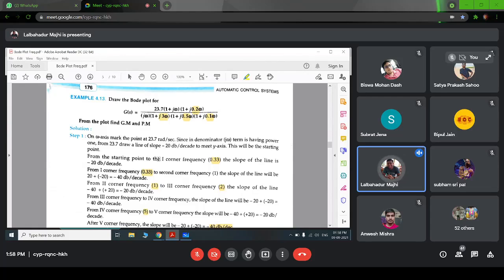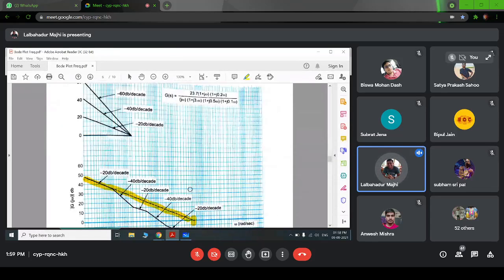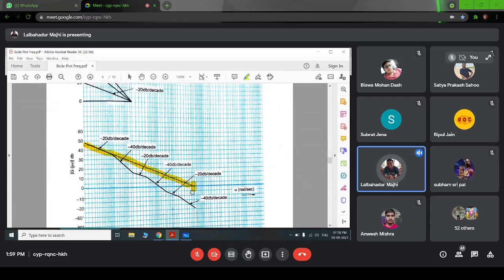So for this corner frequency the slope will be minus 40 dB per decade, because we already have an initial slope of minus 20 dB per decade for this j omega. So we have to draw a minus 40 dB per decade slope from the frequency 0.33.